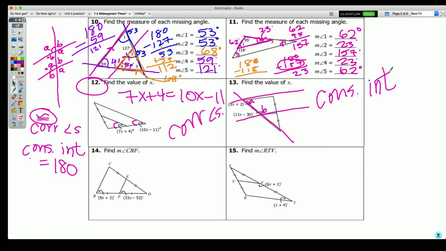Good. I just want to see that we can set that up. You're welcome to solve it if you really want to. Add them.